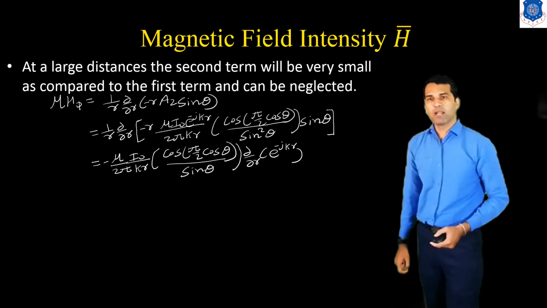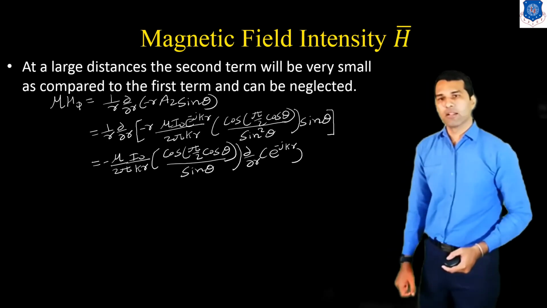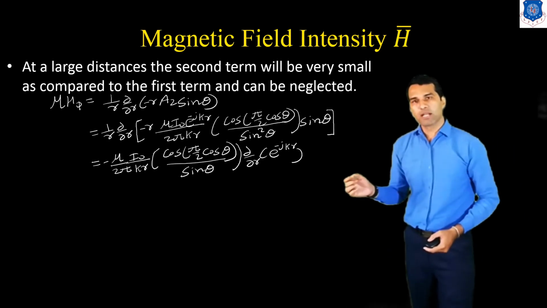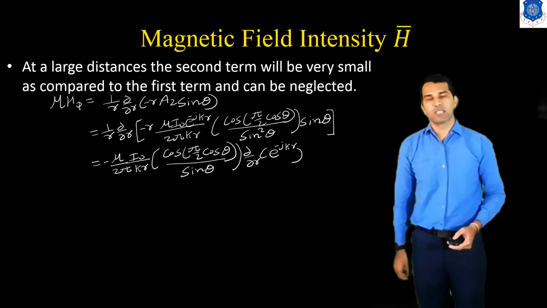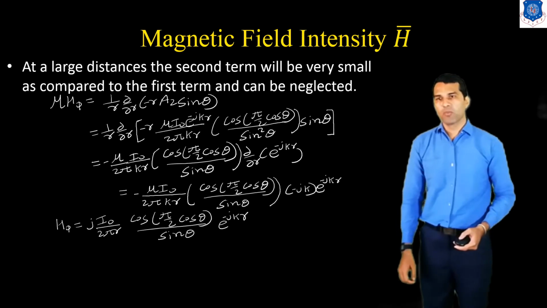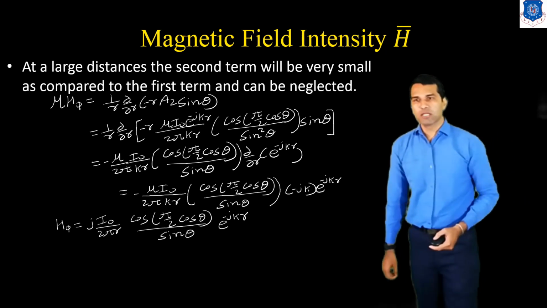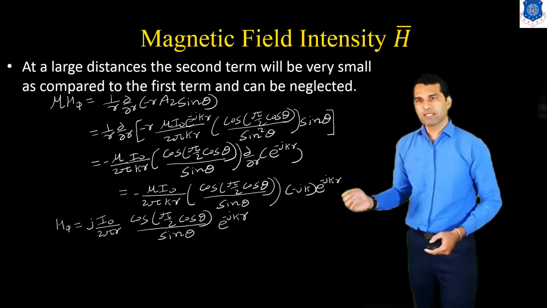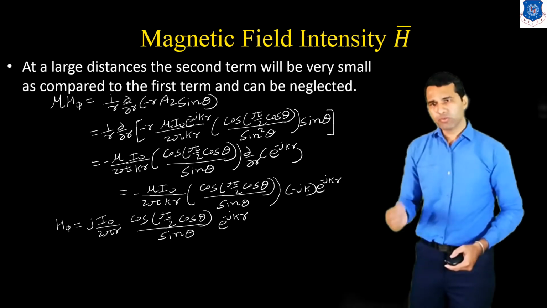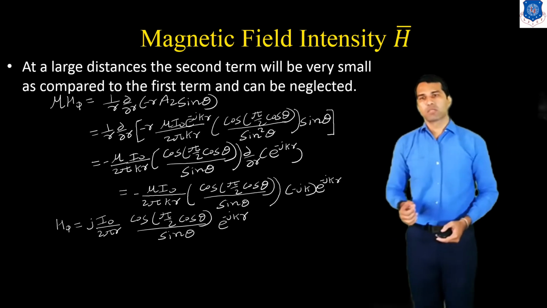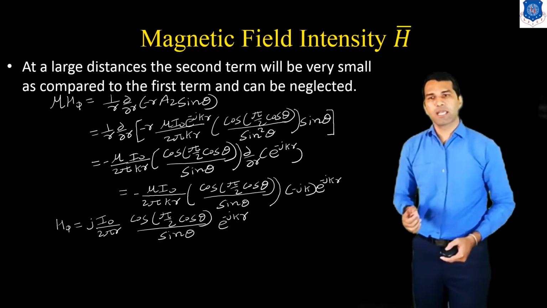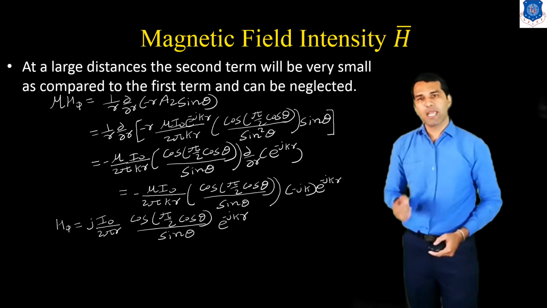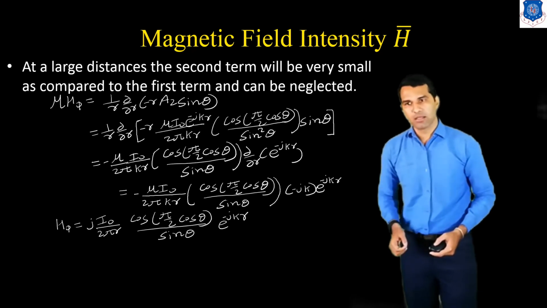So now del by del r of e raised to minus j k r. Here we take the derivative with respect to r. So now we solve this equation. So the common term is as it is, minus nu I0 upon 2 pi k r, cos of pi by 2 cos theta upon sin theta, and the derivative of e raised to minus j k r is, we know, minus j k e raised to minus j k r.